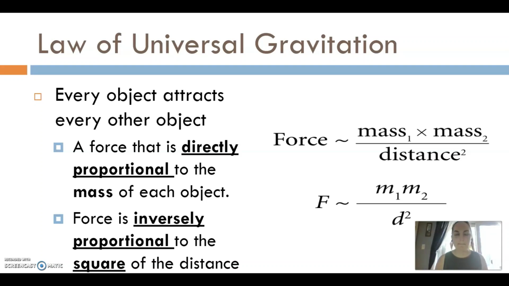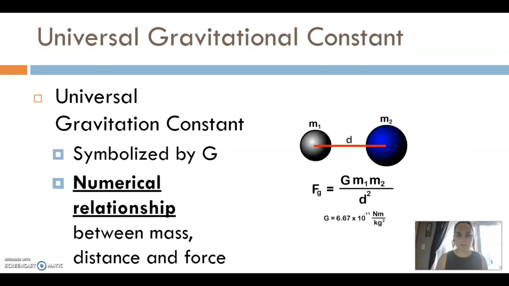Okay, so just to recap, the law of universal gravitation: mass is directly proportional to the force of gravity, and the force of gravity is inversely proportional to the square of the distance. So increase the mass, increase the force; increase the distance, decrease the force.